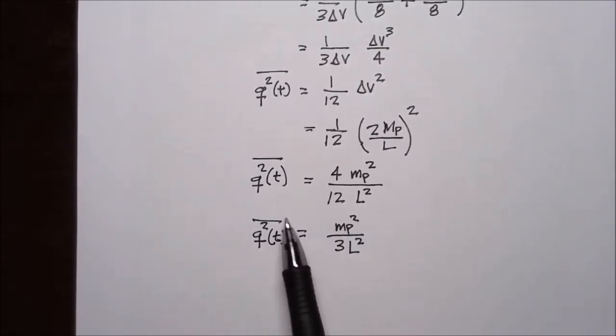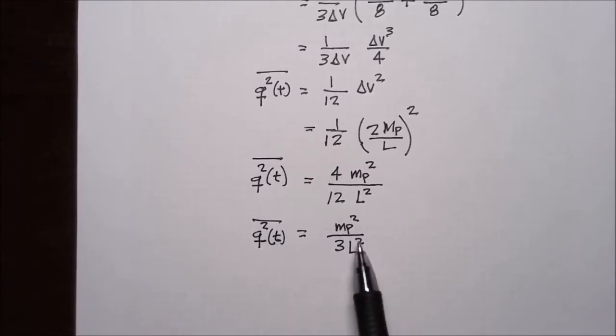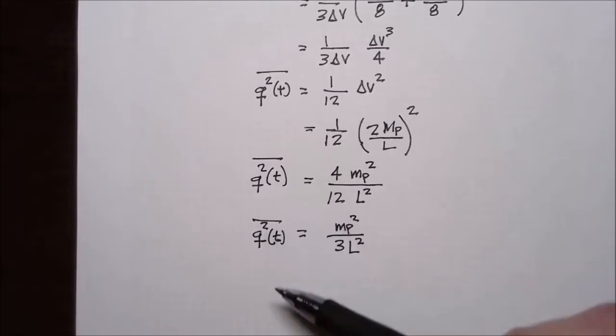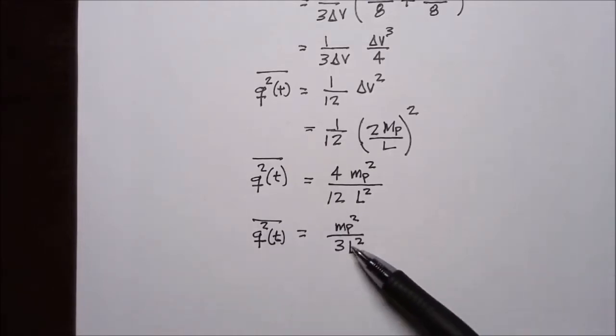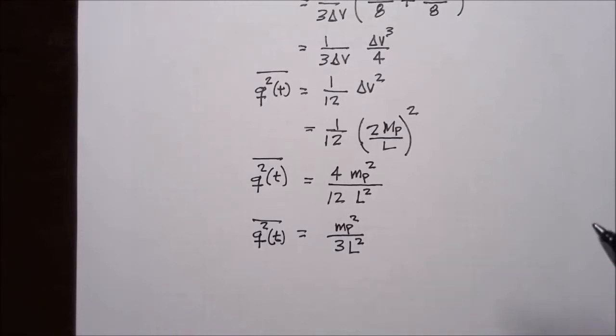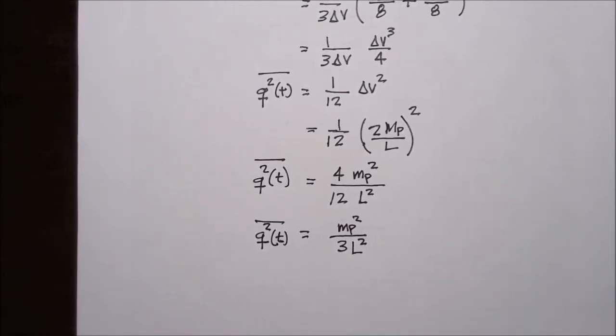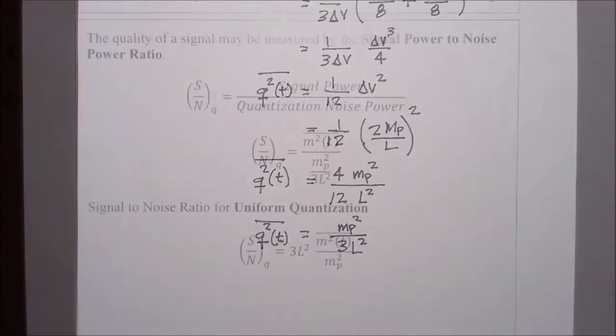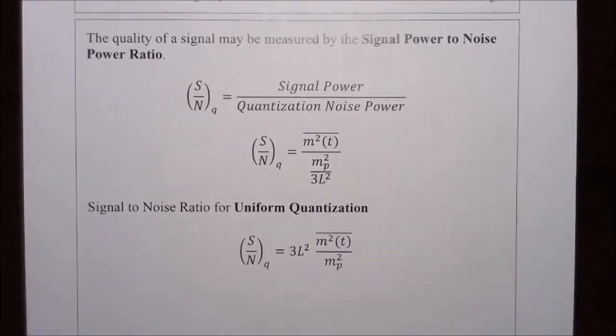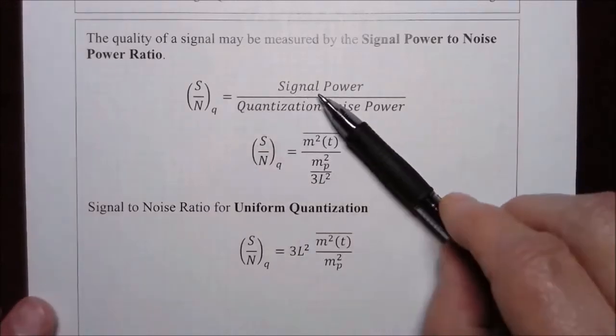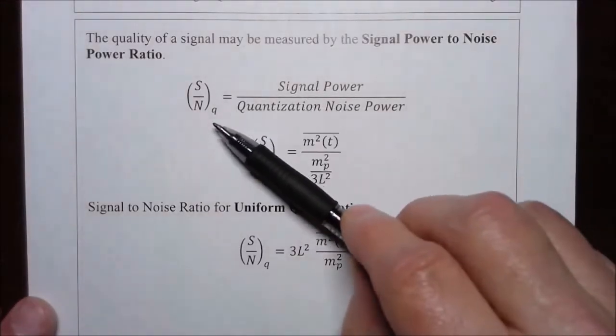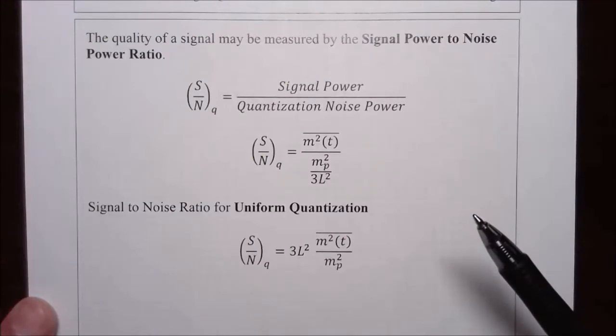So in order to minimize the noise power, we want to make the overall range as small as we can, and we want to make the number of levels as large as we can within whatever other limits we have to constrain us.